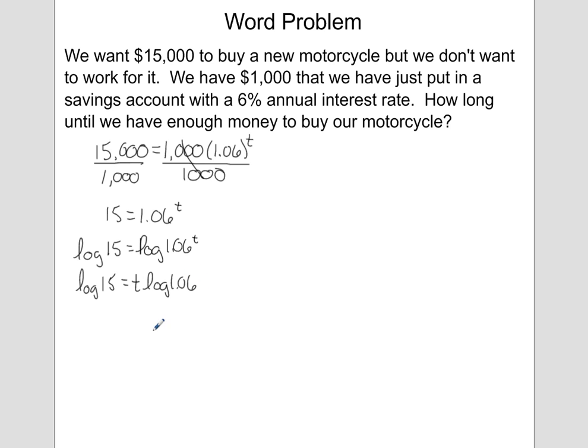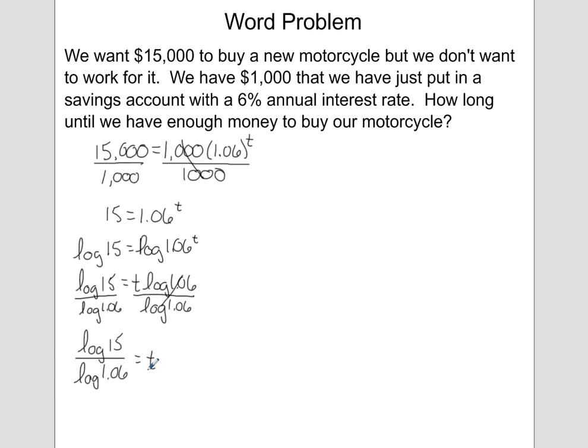From here on out, I just solve it like any other equation. Since I'm multiplying by the log of 1.06, to undo that, I divide by the log of 1.06. It's just a number. There's actually a button on your calculator that will let you do that. So I get the log of 15 divided by the log of 1.06.